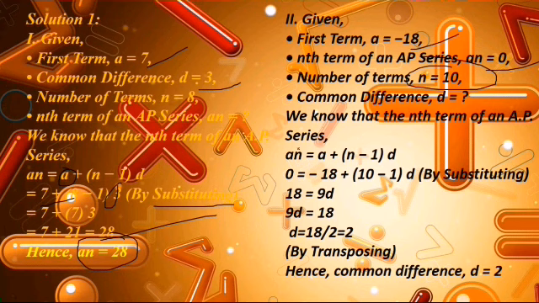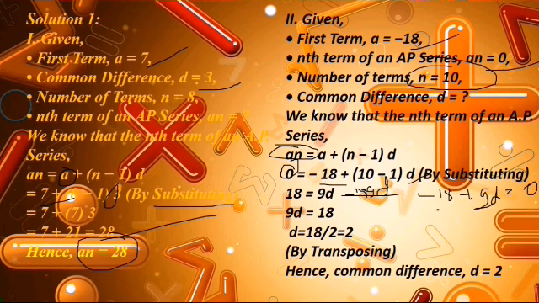The formula for the nth term of an AP is a plus n minus 1 into d. Here an is 0, a is minus 18, and n is 10. By substitution we get minus 18 plus 10 minus 1 into d, that is minus 18 plus 9d, equal to 0.